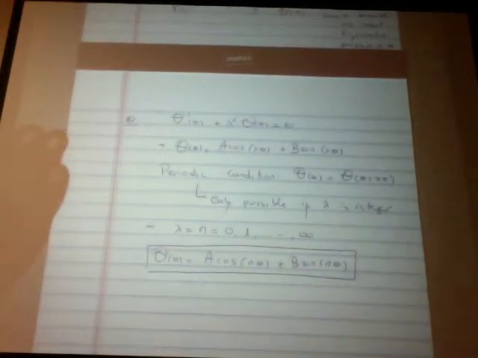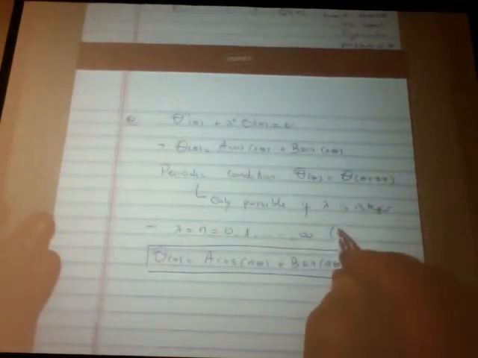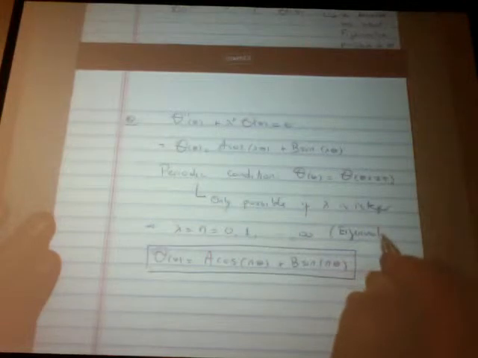So basically the eigenvalues are just integers. None of that n pi over L or anything like that. There's no L in the theta direction, just n. The eigenvalues are just integer numbers. All right, now let's look at the R equation.